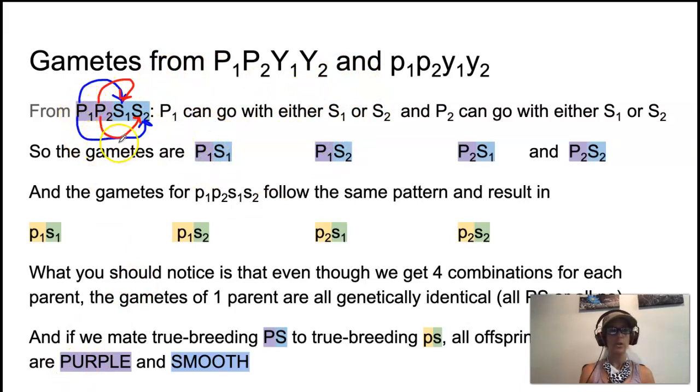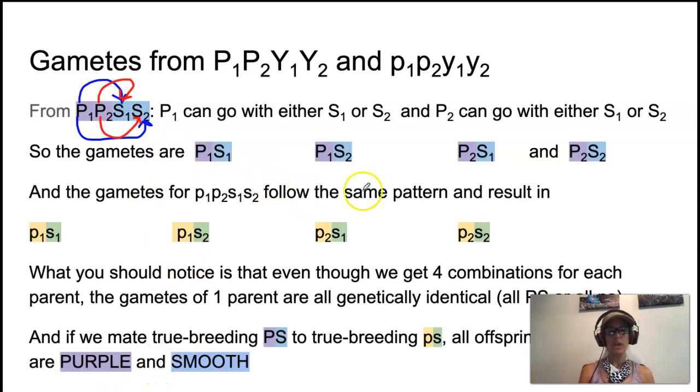If P1 goes with S2, there's the gamete. P2 with S1 or P2 with S2. We can't have 2 P alleles in a single gamete because that gamete would lack information for seed shape. We can't have 2 S alleles in a single gamete because that gamete would lack information for seed color.